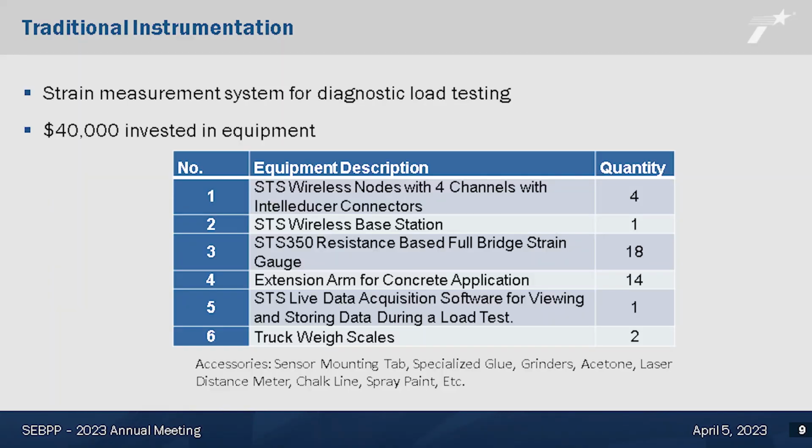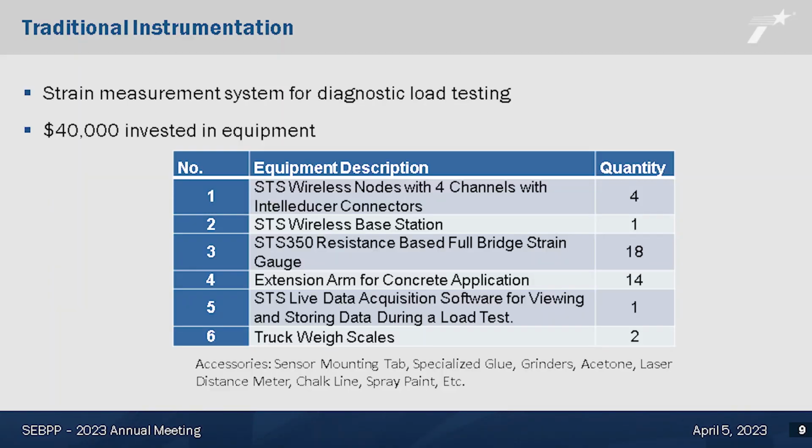In addition to the STS equipment that we purchased from BDI, we also purchased some truck weigh scales. So this gives us the flexibility to respond more quickly without the coordination with enforcement agencies that we turn to for these scales.